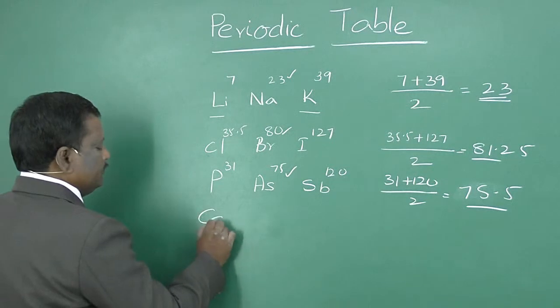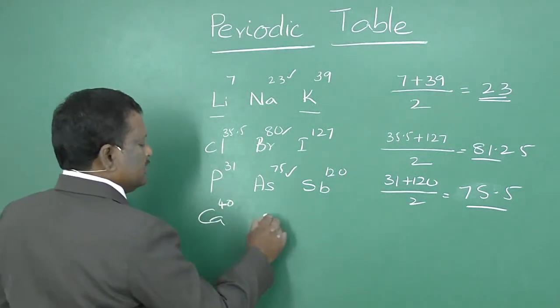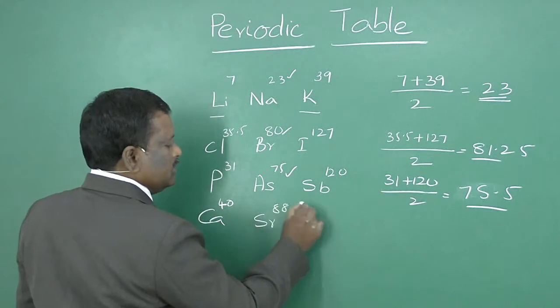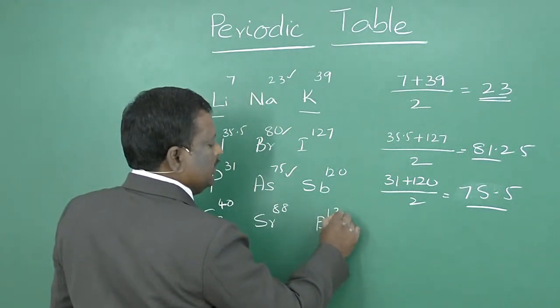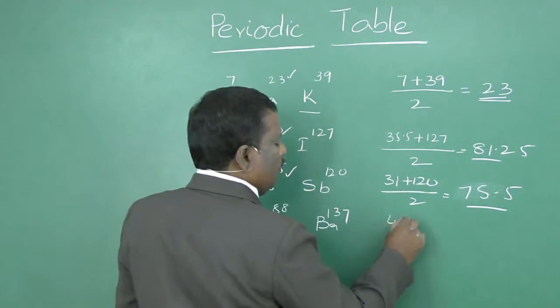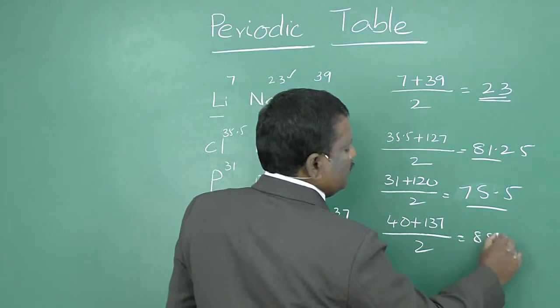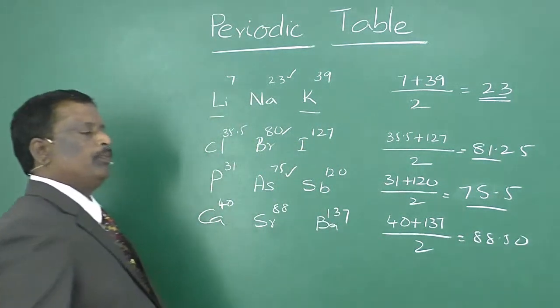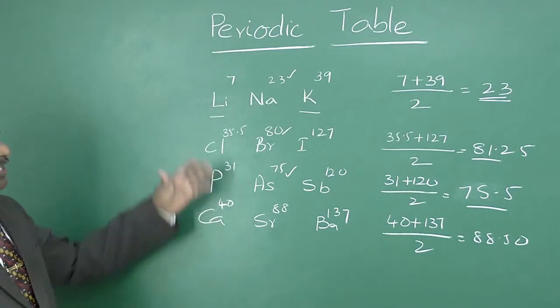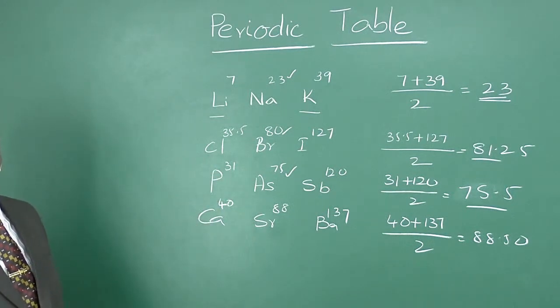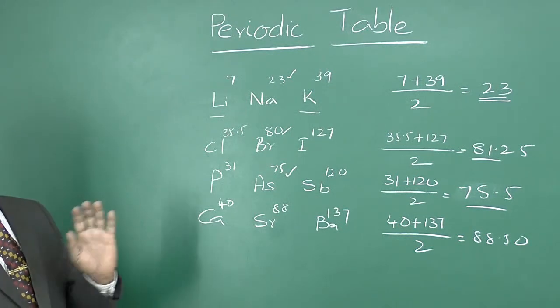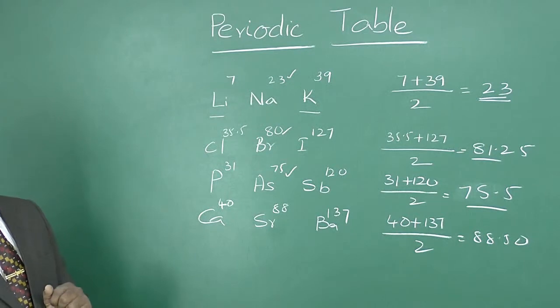Similarly, calcium is 40, strontium is 88 and barium is 137, and the arithmetic mean, 40 plus 137 by 2, will be equal to 88.5. In such a way he arranged a group of three elements, a cluster of three elements, kept in one place, so that they are similar in their properties.